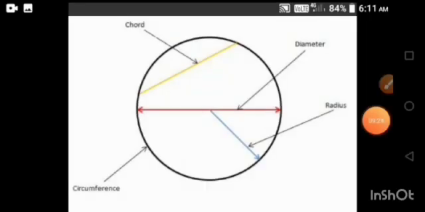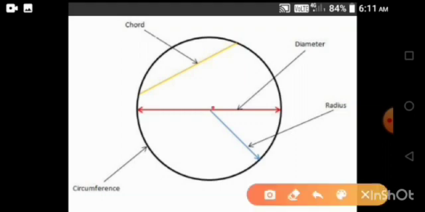And next, identifying the center, radius and diameter of a circle. A circle is perfectly round in shape. It has no sides and no diagonals. O is the center of the circle.